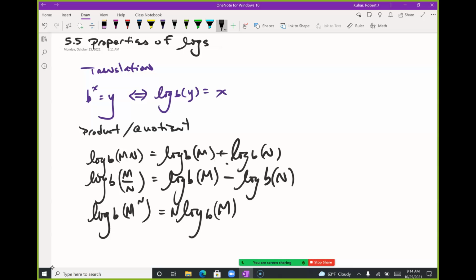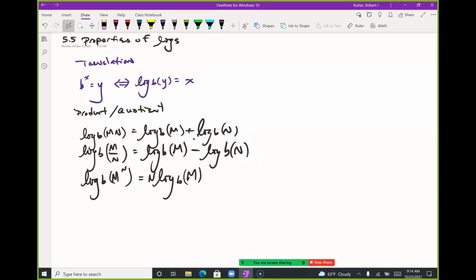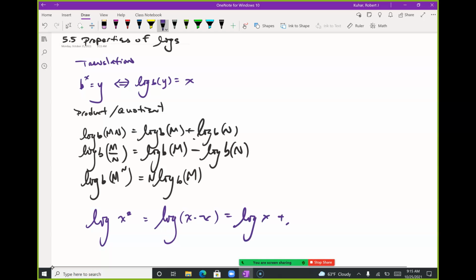That one I said I was going to do somewhat of a demonstration of its validity. If I'm just looking at log of x squared, I can use my first property to write this as log of x times x, which is log of x plus log of x, which you see is 2 log of x. So, not a proof, it's just one particular example that makes it obvious that it worked.